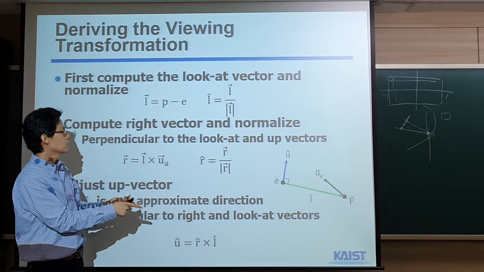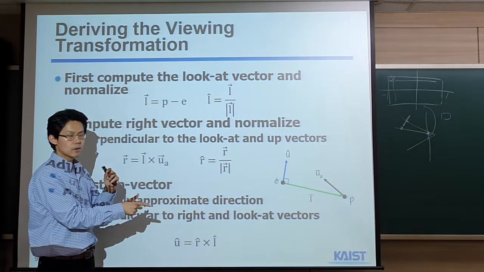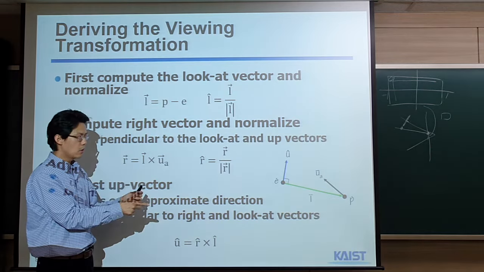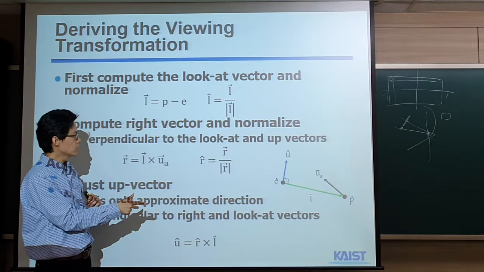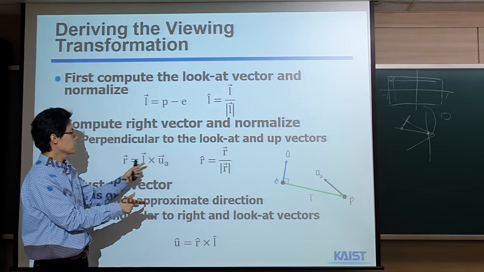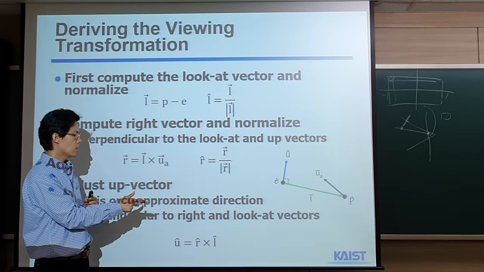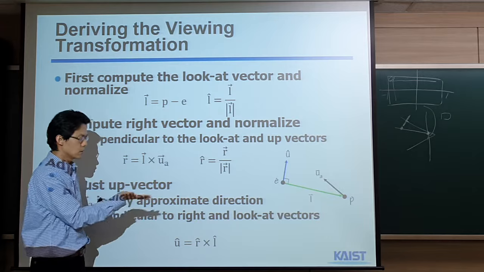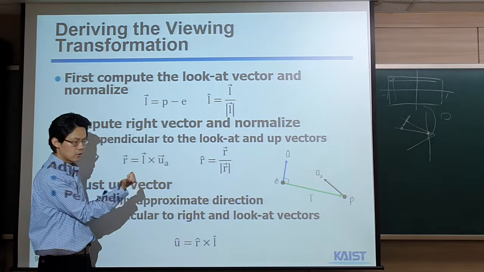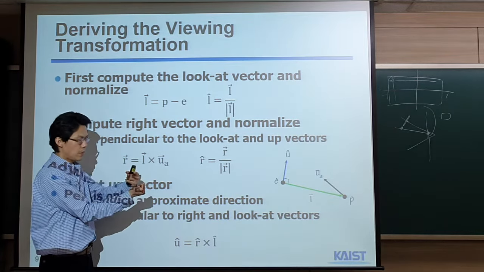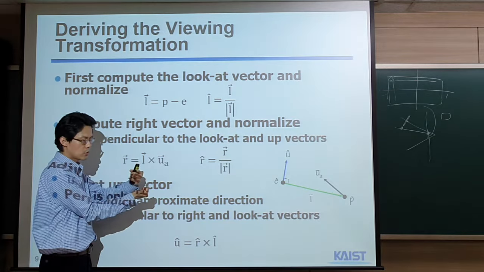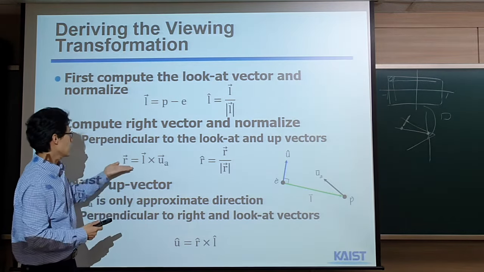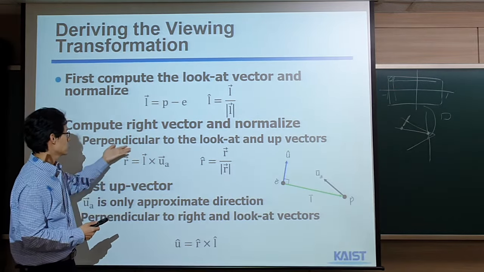You might remember that to define a vector orthogonal to both of them, we can use the cross product. If I wrap my right hand around these two vectors, I can get that direction, the vector heading toward my right side. That's how I got this right vector, known as the R vector.